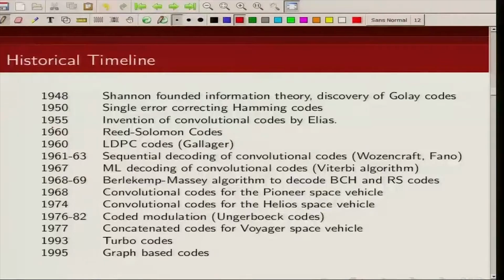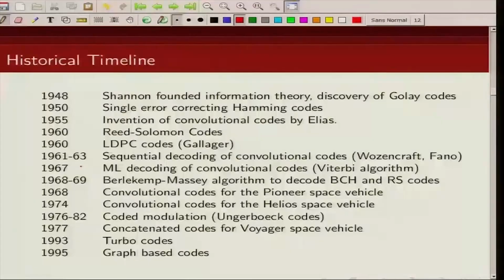Around the 1960s Reed-Solomon codes and LDPC codes were discovered, and around 1961-63 Wozencraft and Fano came up with sequential decoding of convolutional codes, which allowed us to decode convolutional codes with very large memory order. Around 1967-68 Viterbi's algorithm for maximum likelihood decoding of convolutional codes came, and then around 1974 the BCJR algorithm was proposed.